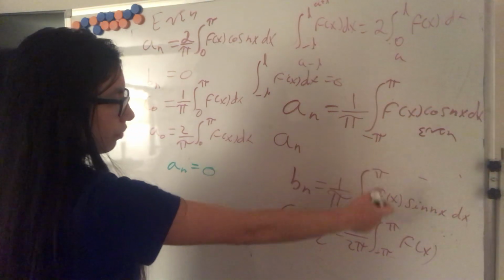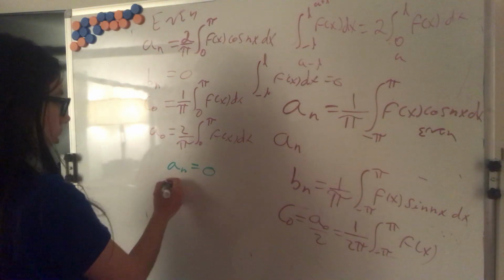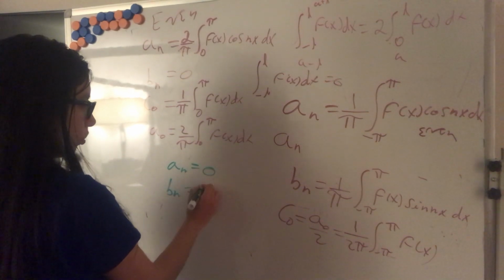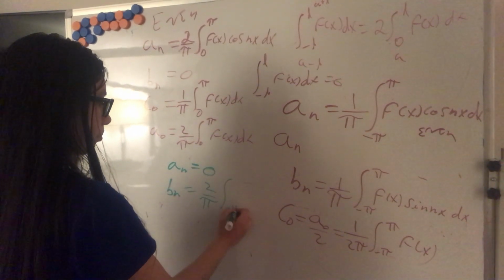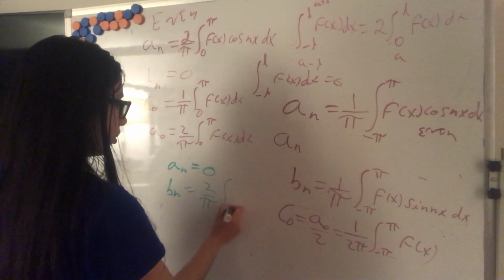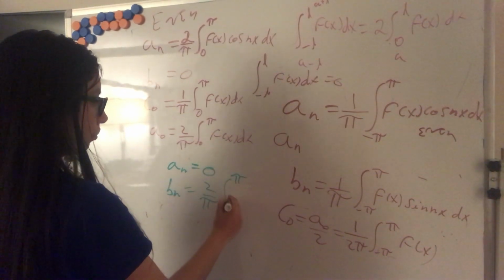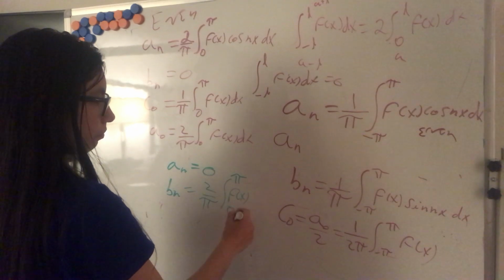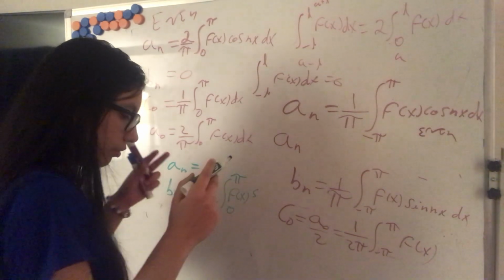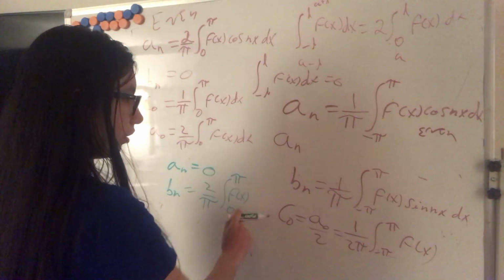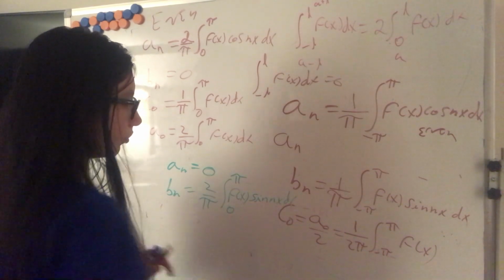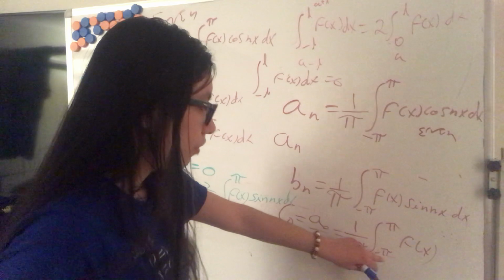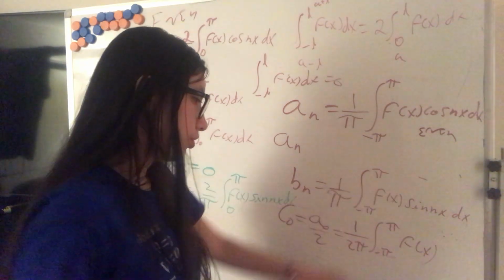The definite integral from minus pi to pi of an even function would be 2 over pi times the definite integral from 0 to pi of whatever even function I have now. And here the definite integral from minus pi to pi of an odd function is just 0.